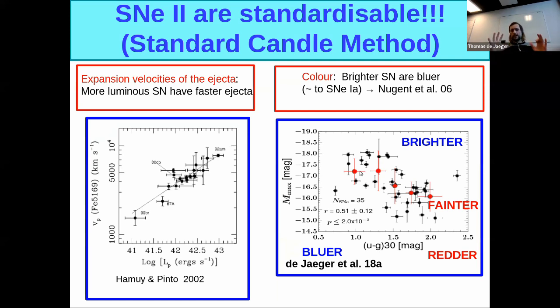So with the dust correction, you can make your type 2 supernova a standard candle. From the big dispersion that we have seen at the beginning of the plot, you can reduce the dispersion and you can measure accurate distances.